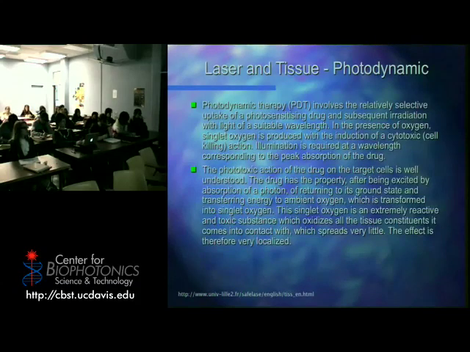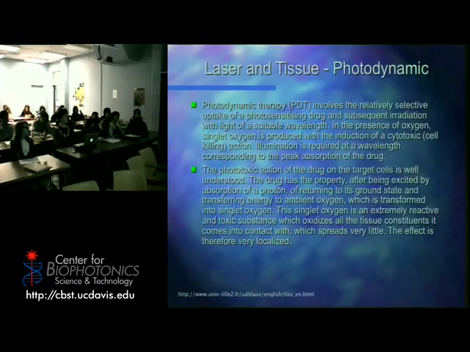I can take a specific molecule or sets of molecules that can be destroyed by applying the correct light on them. If I can get those molecules to stick to the thing that I want to destroy, to the cells that I want to kill, then I can use this as a therapy.